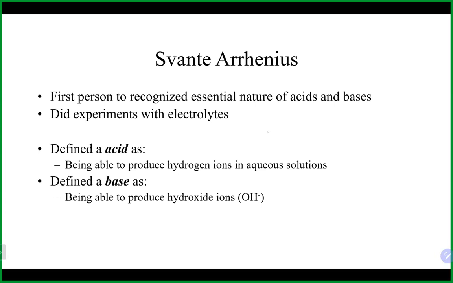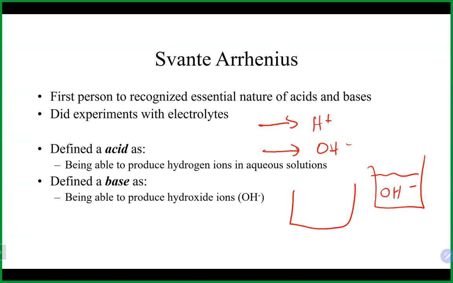So what we're talking about here is the product side of a reaction. Those things get produced, and what that means in solution is you have free H+ and OH- floating around. So it is something that has the ability to generate H+ or OH-.